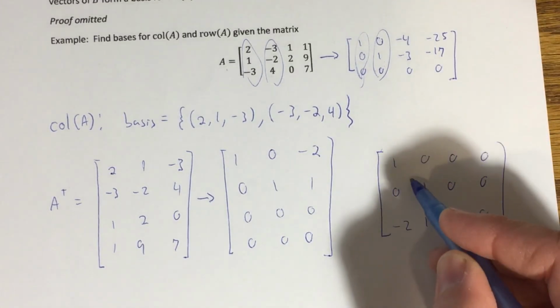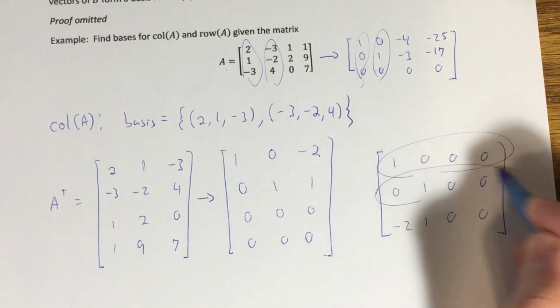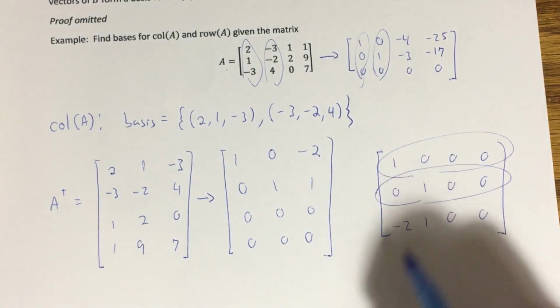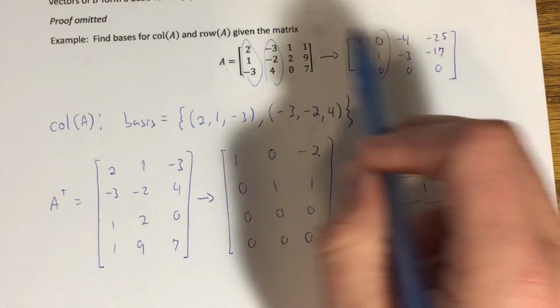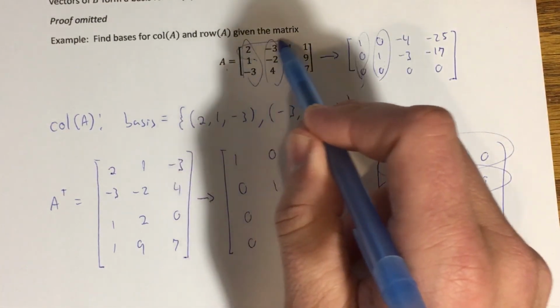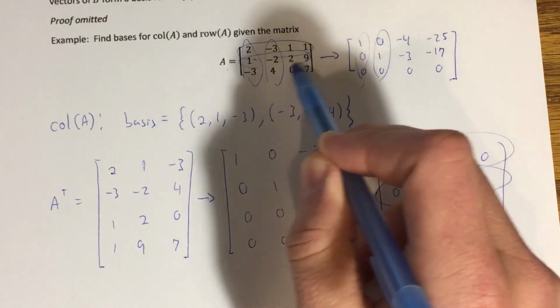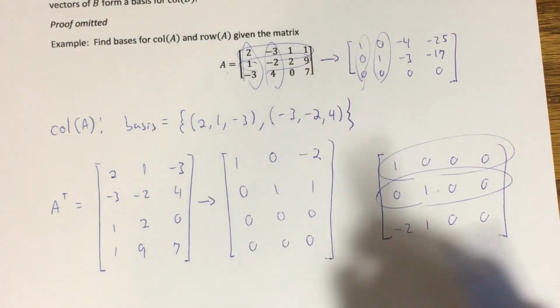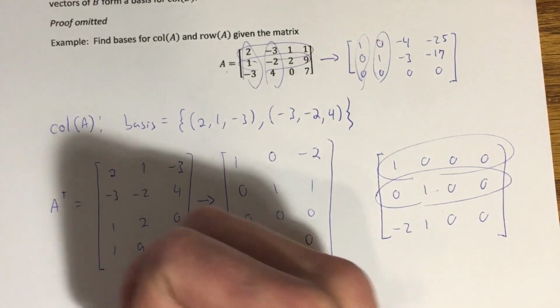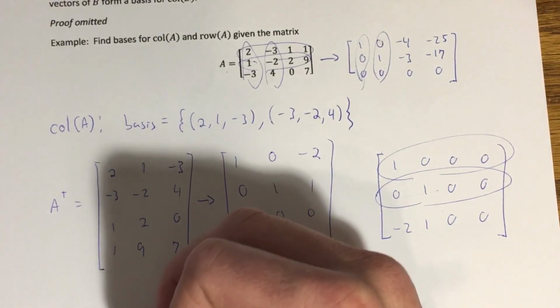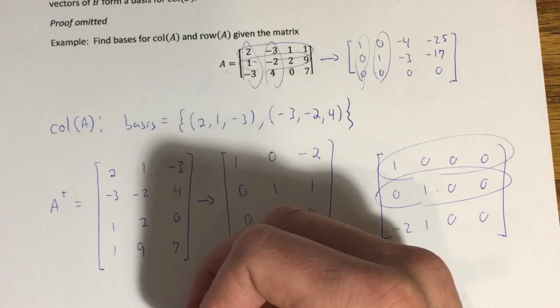And now these top two rows are the ones with leading ones in them. Those top two rows can be corresponded to these top two rows in the original matrix, and that would suggest that those two form a basis. So for my row space of A, a possible basis would just be the top two rows.